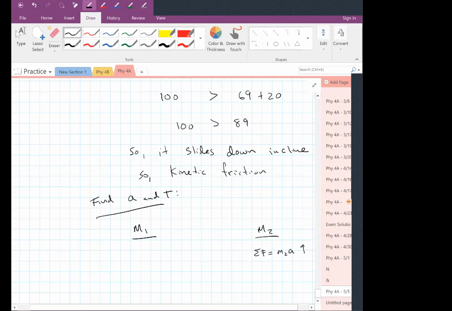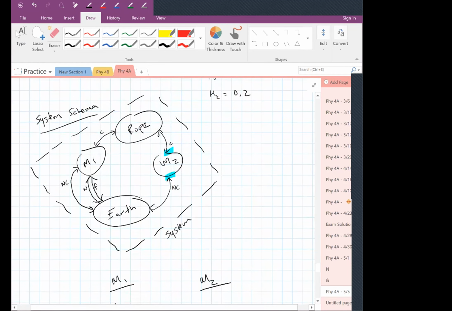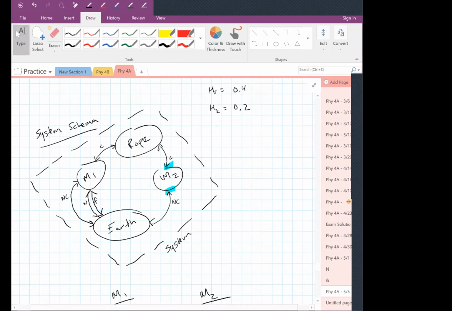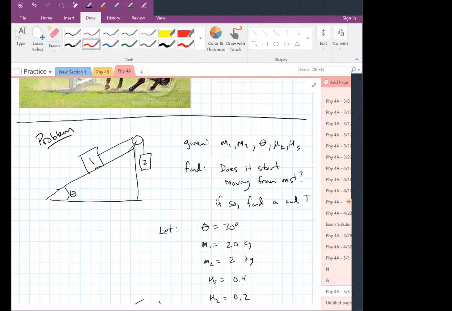I like to pick the direction of my acceleration as my positive direction. M1 is going down the incline, and I have a net force in that direction, so I'm choosing that as my positive direction, and this as my positive direction for M2, because I want them to be the same. When M1 goes in the positive direction, M2 should also go in the positive direction.